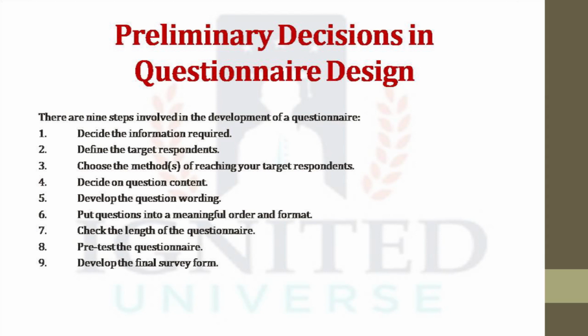Step 3, take up the methods which can make you reach your target respondents. Decide on the question content, whether it should be open-ended, closed-ended, structured, or unstructured. Then develop the question wording. Put questions into a meaningful order and format.